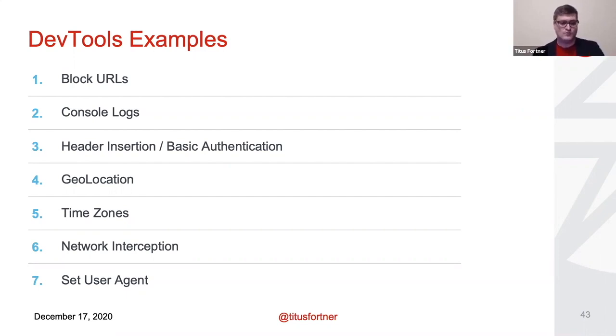So we're trying to do this standardized. The code that we're writing in Selenium 4 right now is designed to be the first part of putting together that bi-directional standard.